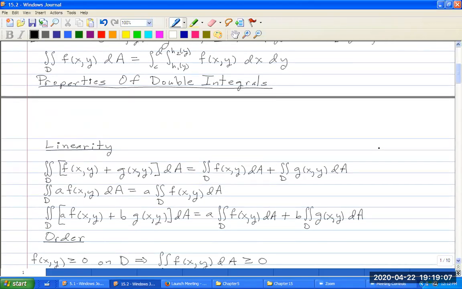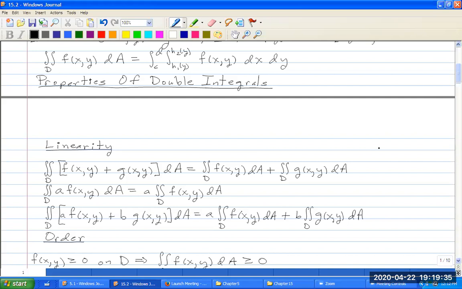Okay, properties of double integrals, linearity. Just like in the one variable case, if you have two functions you want to integrate, you just take the integral of each and add them up. If you have a constant times a function and you integrate that, it's the same as that constant times the integral of the function.